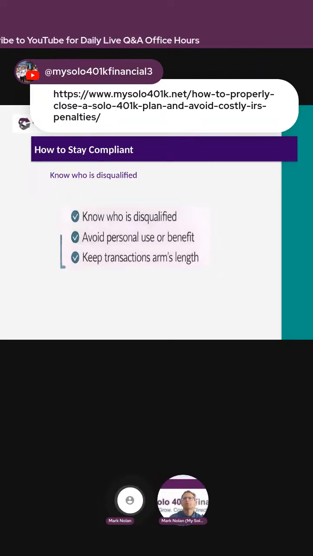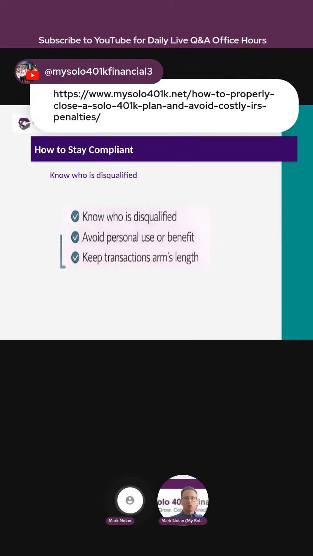But the property would be assigned, the solo 401k owned real estate property would be assigned from the solo 401k plan to that self-directed IRA. Here's the link about transferring a solo 401k.